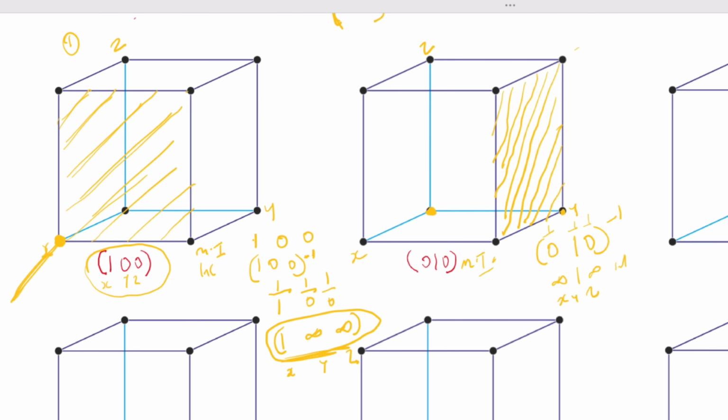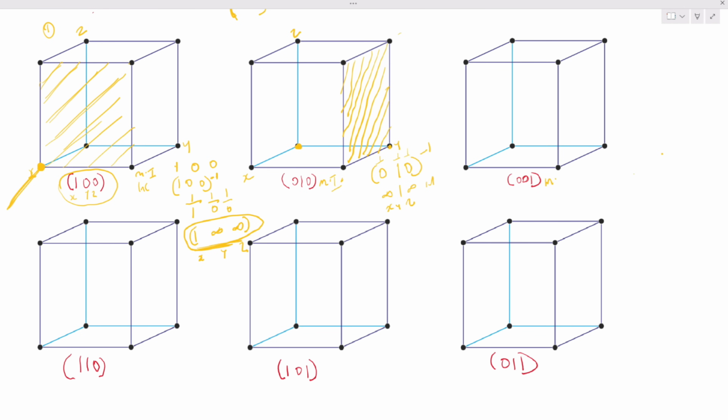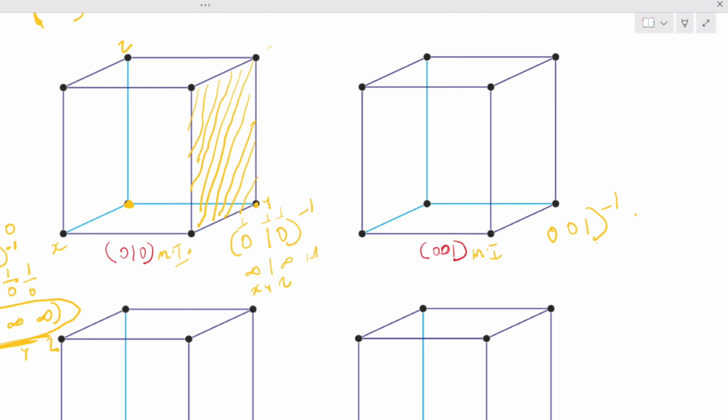For the next one, again, this is our Miller indices, so we do the inverse of 0, 0, 1, which means 1 over 0, 1 over 0, 1 over 1, which means infinity, infinity, 1, for x, y, z. So we close this again.